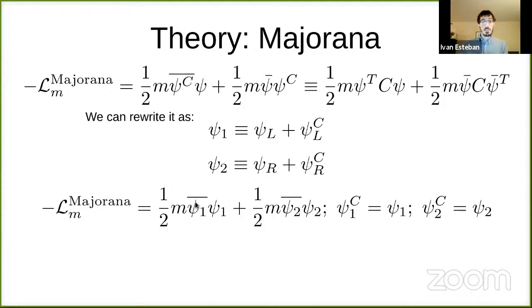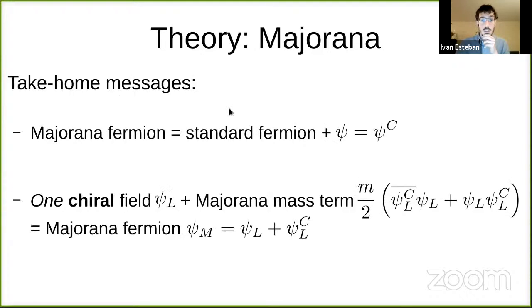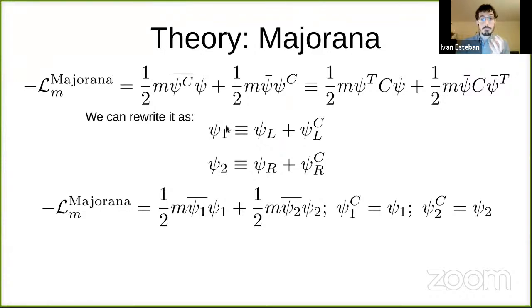If we do this for neutrinos, so if you take the neutrino field in the standard model and write this sort of Majorana mass term, you will end up with a massive neutrino field, nu L plus nu L charge conjugate, that will have a mass, and furthermore, it will be its own charge conjugate. And here we did not have to mix different chiralities, so we did not have to introduce a right-handed neutrino. With a left-handed field, it's more than enough.